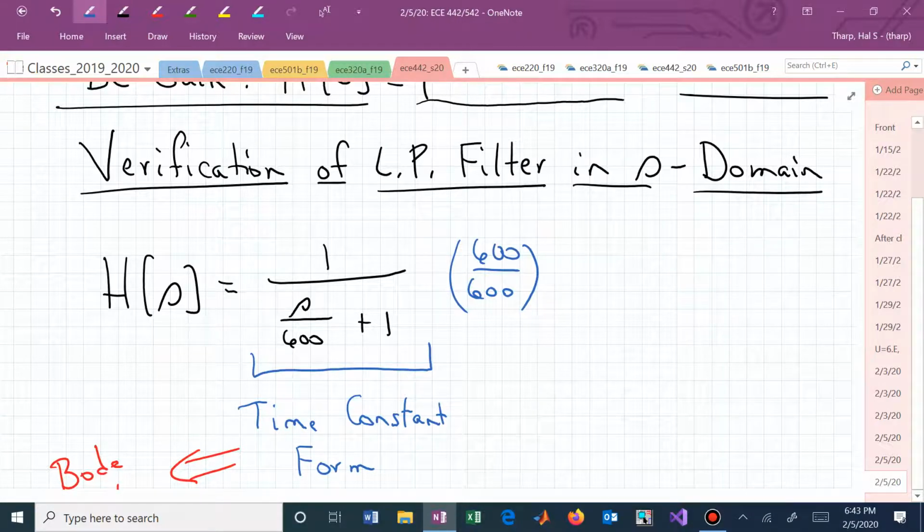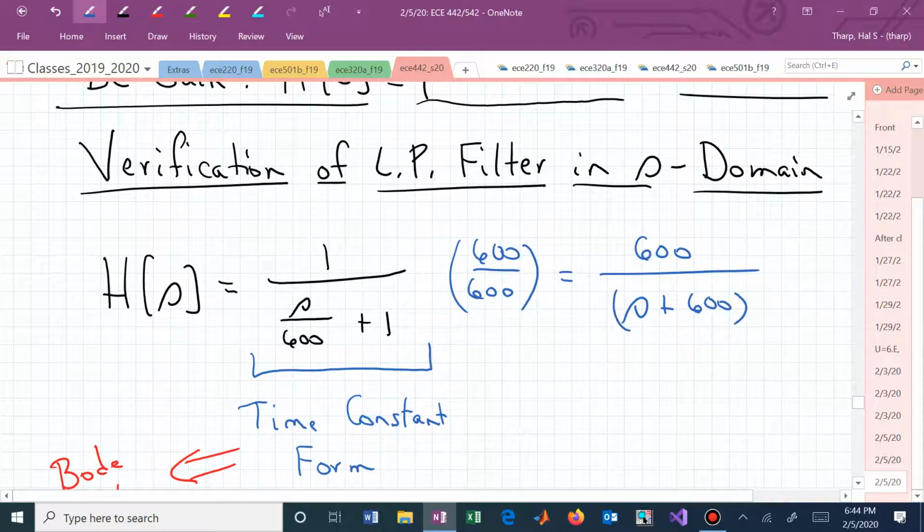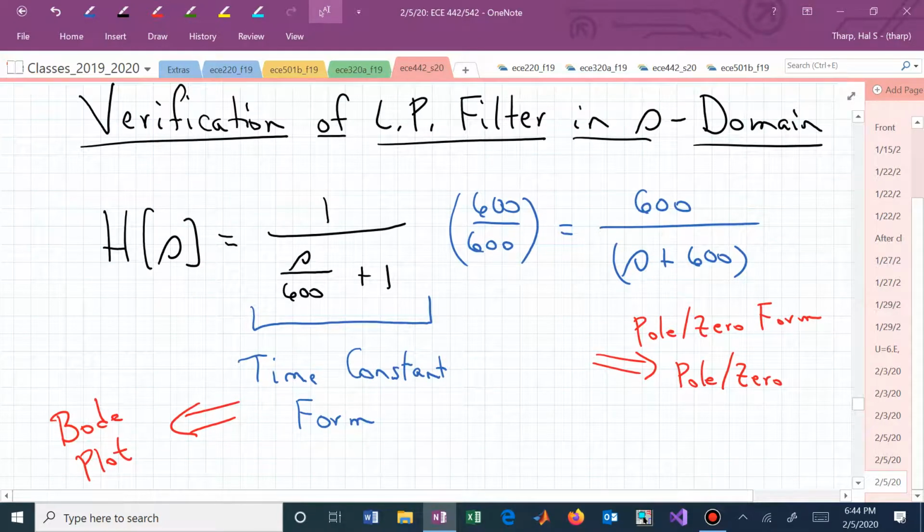Let's multiply this by 1, 600 over 600, and now we have 600 over S plus 600. This is now in pole zero form. And that might be useful if we wanted to draw our poles and zeros in the S-plane to produce a pole zero diagram.